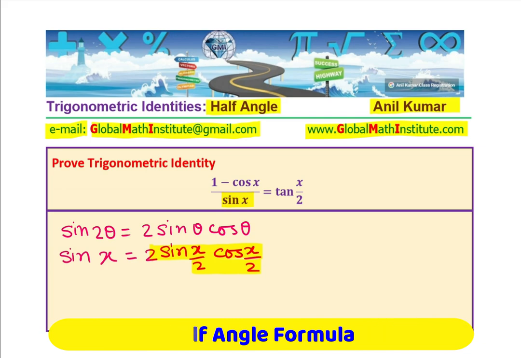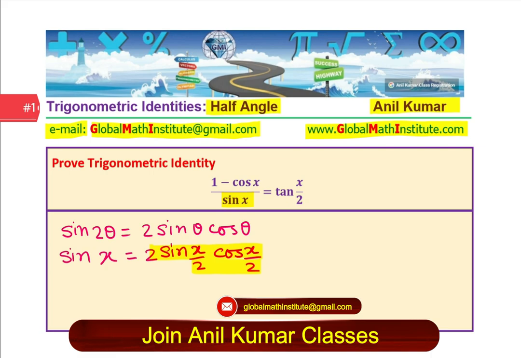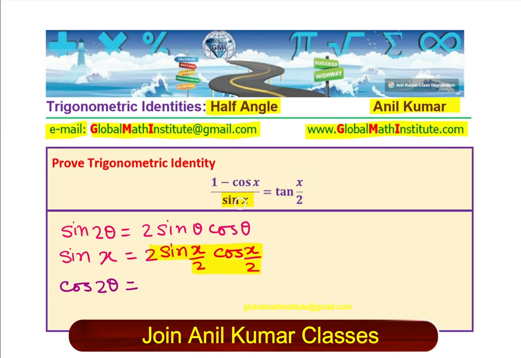Similarly for cos x, we have three different formulae. Let me choose one of them. Cos 2 theta is equal to, let's take the one which involves cos square theta, right? 2 cos square theta minus 1.